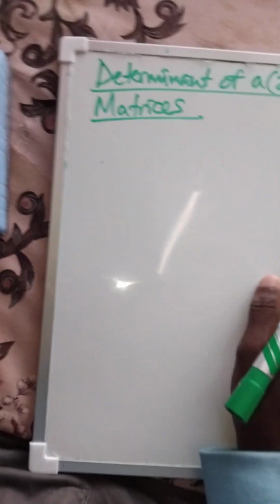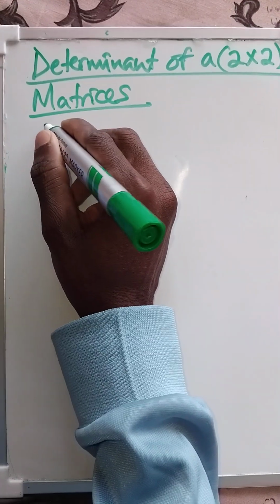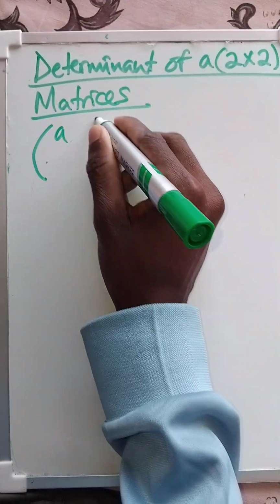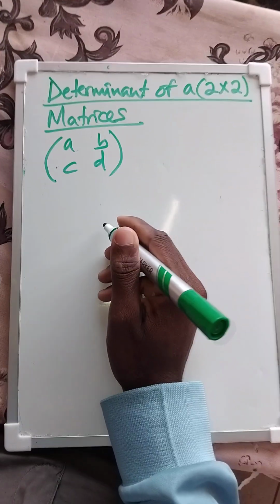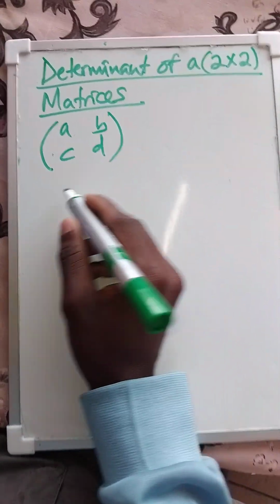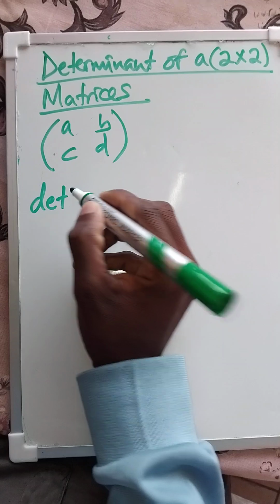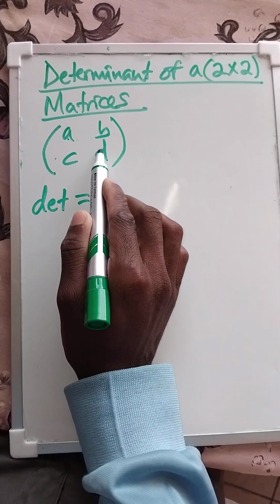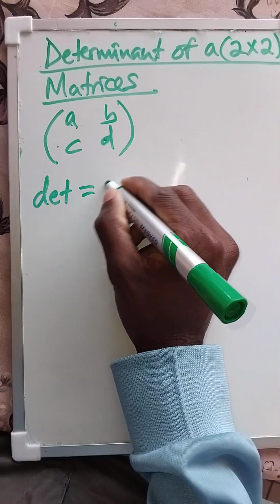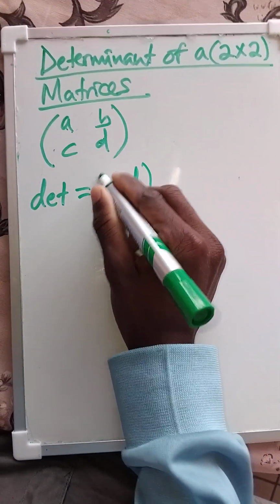Determinant of 2 by 2 matrices, in general we have A, B, C, D. So we want to find a determinant of 2 by 2 matrix. First step, A times D, then minus.